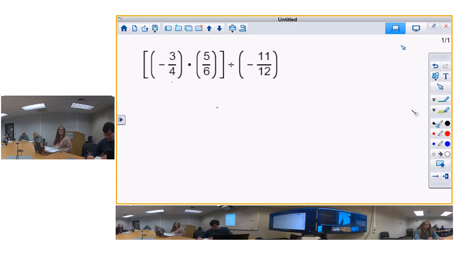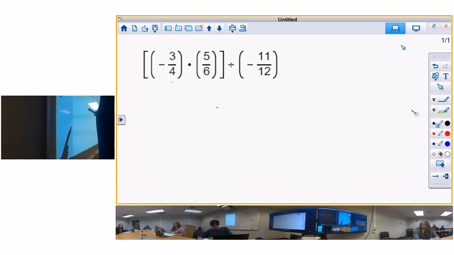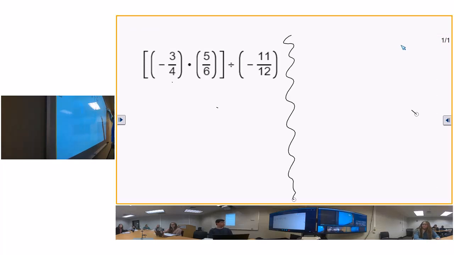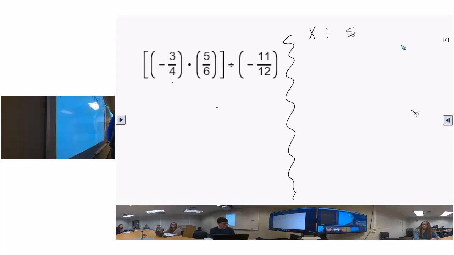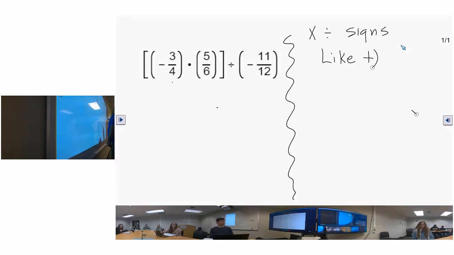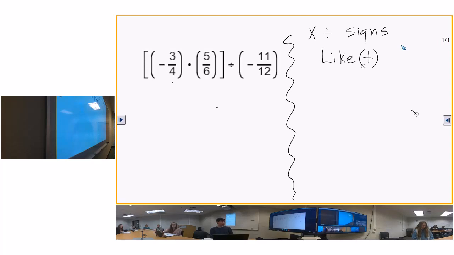So, what's a negative times a positive? Well, let's go over that right quick. When you're doing signs, it's real simple. When you multiply and divide signs, think of jumper cables. If you put red on positive and black on negative, you won't have any problems.